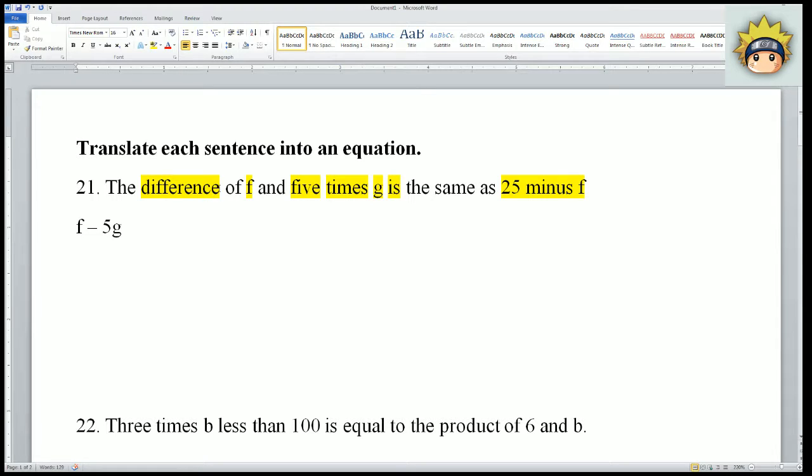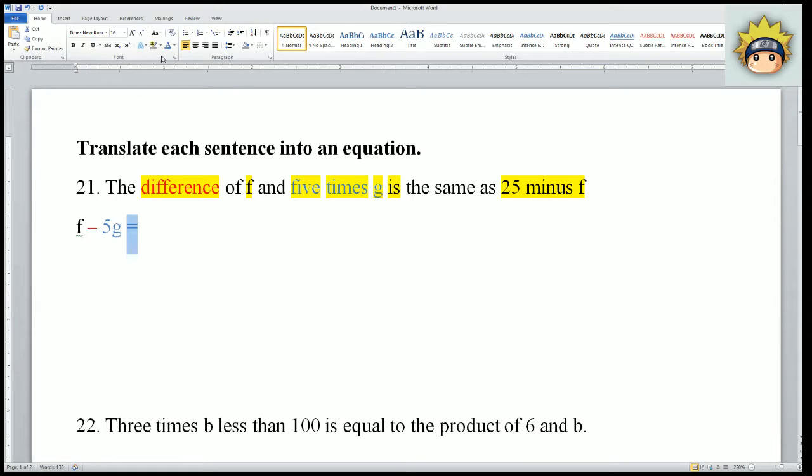The difference is represented by the subtraction symbol. 5 times g, this whole thing here, can be represented by blue, and that is this part. So f minus 5g represents this part, equals to, that's your is, 25 minus f.